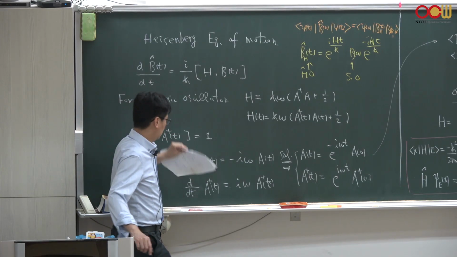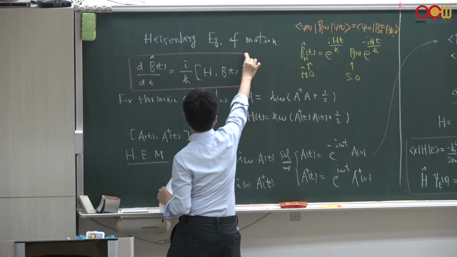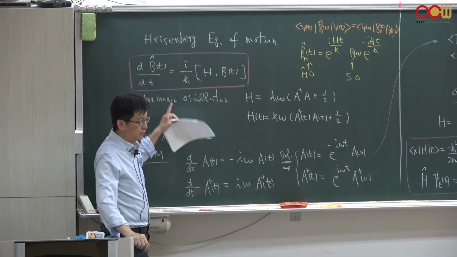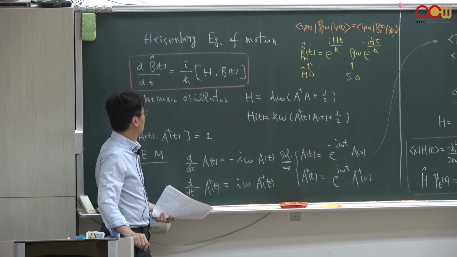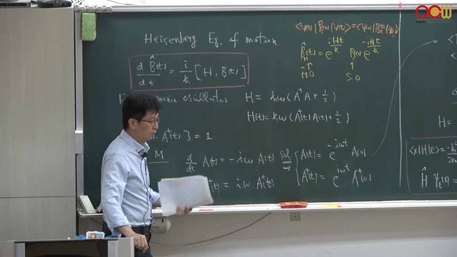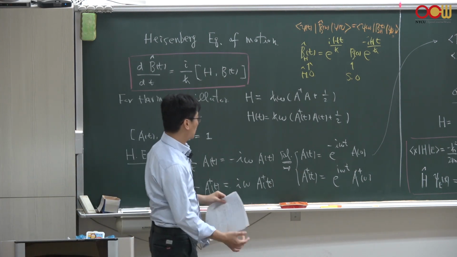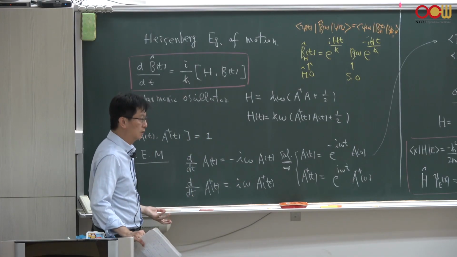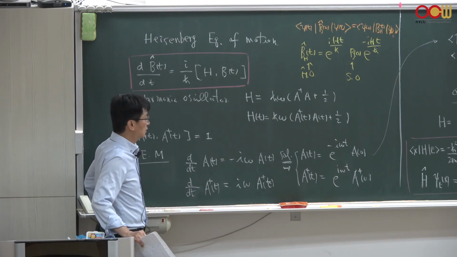This is a very useful equation of motion for the Heisenberg operator, similar to Newton's equation of motion in classical mechanics, but here we talk about the time evolution of a Heisenberg operator. We need to take the expectation value or the measurement to be compared with the experimental observations once we solve this time dependence of the Heisenberg operator.